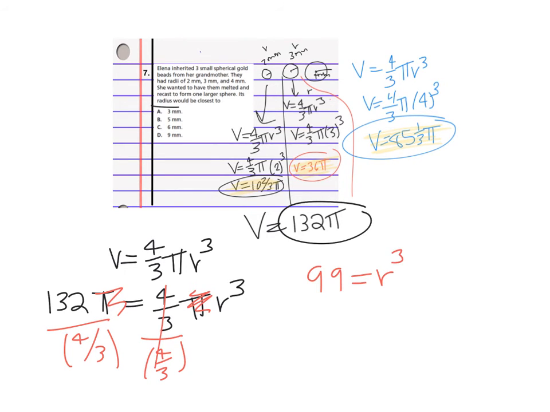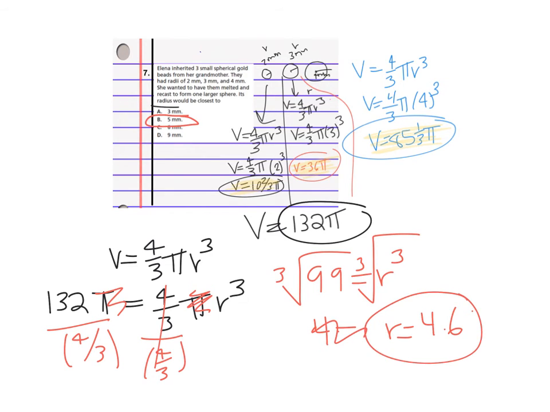Then to get rid of a cube, you have to take the cube root, which depending on what calculator you use, it's different keys. You can email me or whatnot if you need help. So the radius is 4.6, and the question says it would be closest, what would it be closest to? 5. Whew, all that work for 5.